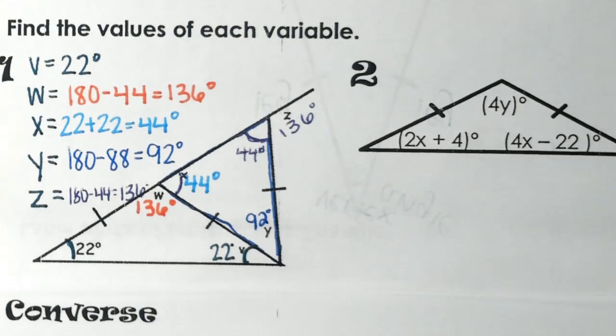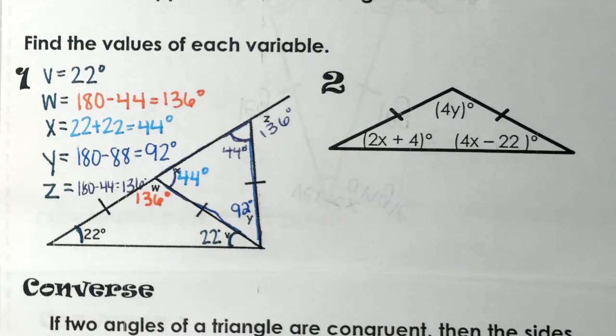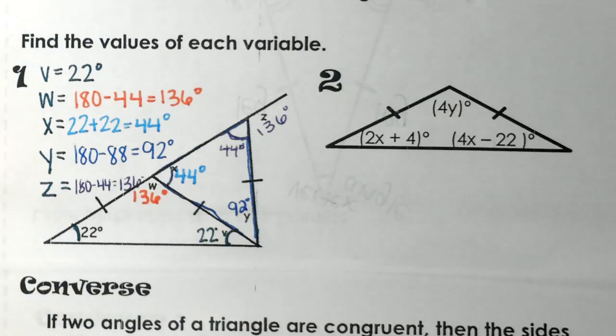What do you notice about picture 2? It's degrees. I have a y and an x. And it wants me to find x and y. What am I going to do? So there are actually 2 different equations I could do.